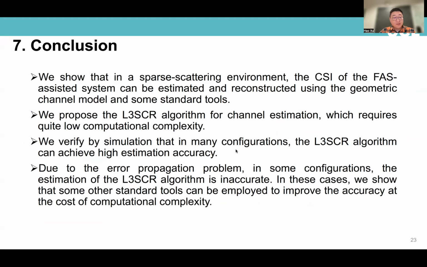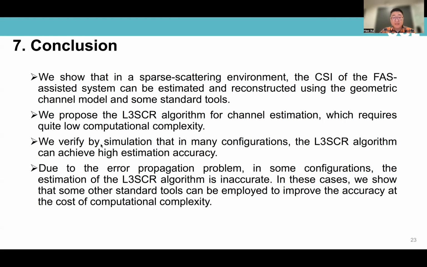Now we make a conclusion for this talk. In this talk, we show that in a sparse scattering environment, the CSI of the fluid antenna assisted system can be estimated and reconstructed using the geometric channel model and some standard channel estimation tools. We propose the L3SCR algorithm for channel estimation, which requires quite low computational complexity.